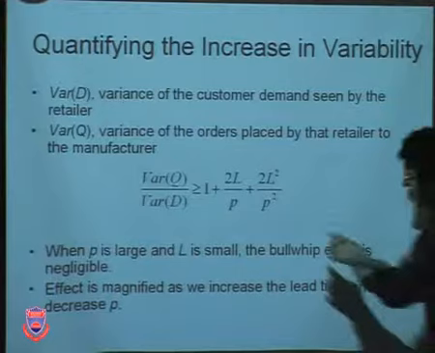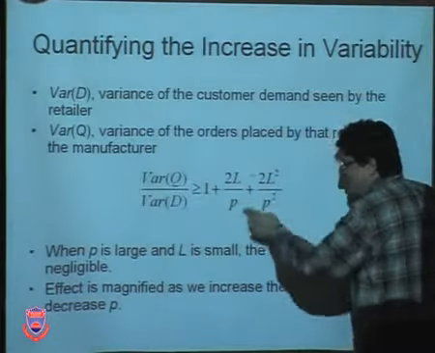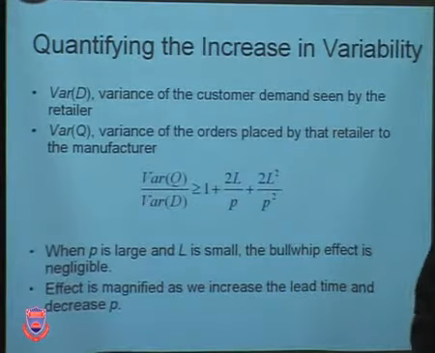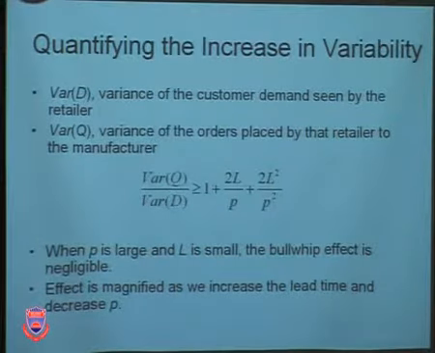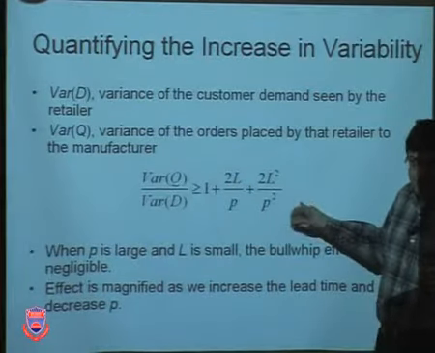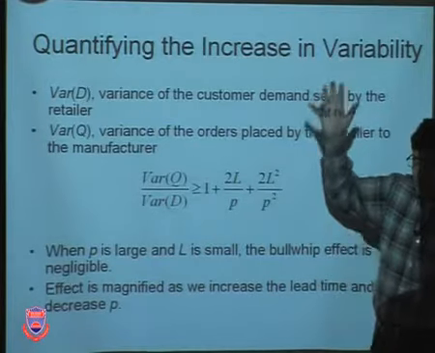So this is the effect that comes from estimating the mean value, and this is the effect that comes from estimating the variance. The derivation is in that paper, and we are not going to see that. But the idea is that you can see it's very nice. If you have a very large L, of course this is going to increase the bullwhip effect.